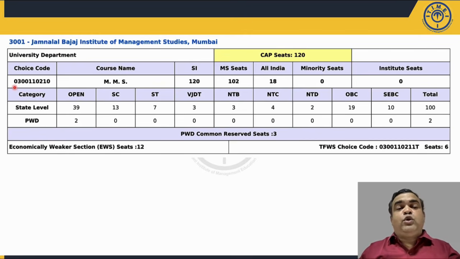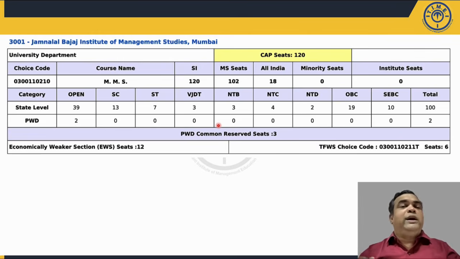Look at the choice code 0300110210. But if you want to claim a JBIMS tuition fee waiver scheme seat, look, it's the same code, but can you see at the end there is a T letter mentioned? You're getting my point? Whether you want a JBIMS regular seat or a JBIMS tuition fee waiver scheme seat, accordingly you have to fill the code.